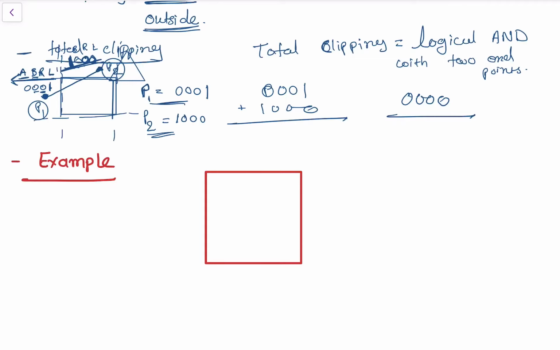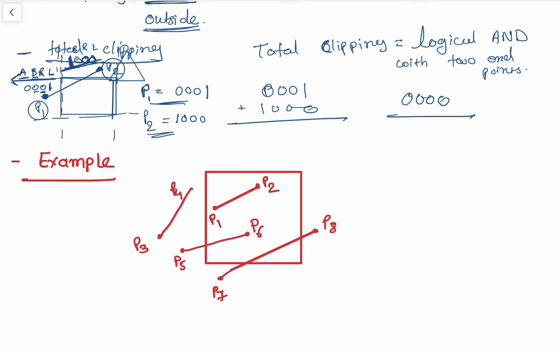And we have the points of lines: the first line is P1, P2, then P3, P4, P5 and P6, P7 and P8, P9 and P10. This is supposed to be given in the example, right?